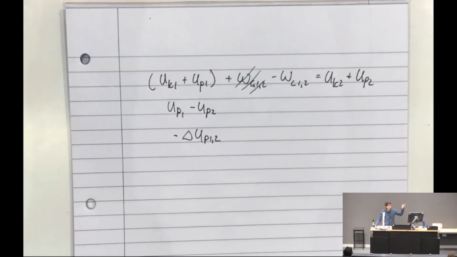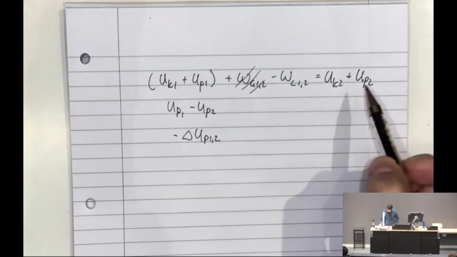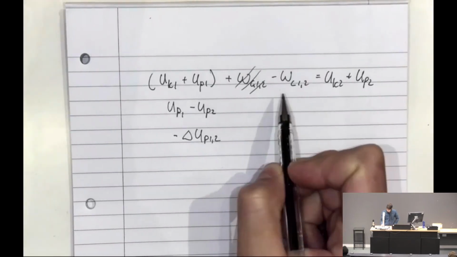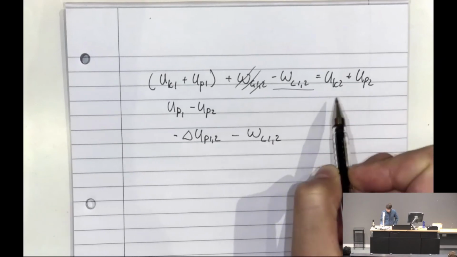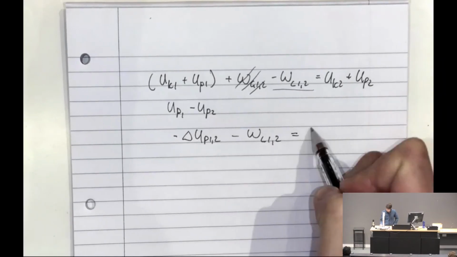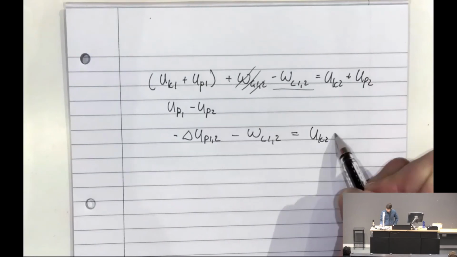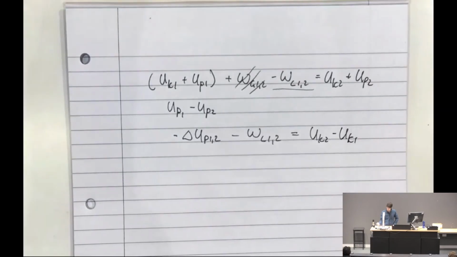The only potential energy change is in mass 2, and it's dropping in height, so there's a potential energy decrease in the system. So that's why you have the change in potential energy as being negative, because it's losing potential energy in a sense. All right, then the same goes for the frictional forces, and we can just say that is K2 minus K1. All right, so we've simplified it a bit.